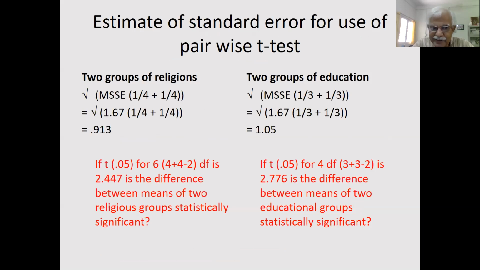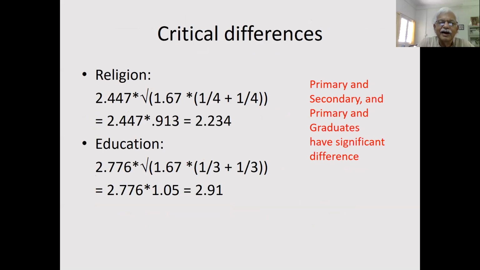But here, in the denominator, we will use mean sum of square for the error term, which is always less than the pooled variance in case of simple Z or T. So we can compute pairwise differences between religion and education and draw the conclusion.